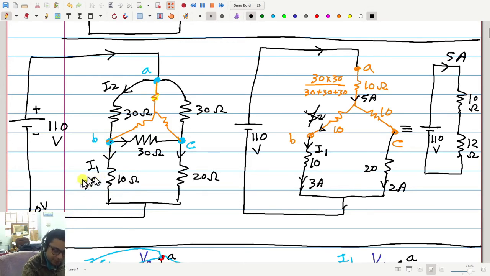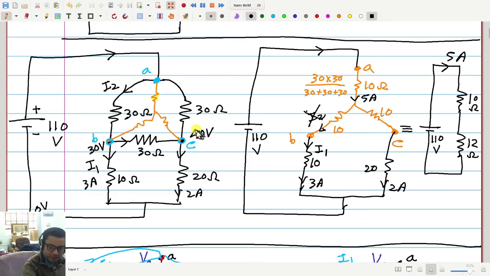We have 3 ampere multiplied by 10, so this potential will be 30 volt. And this potential will be 2 ampere multiplied by 20, so this will be 40 volt.